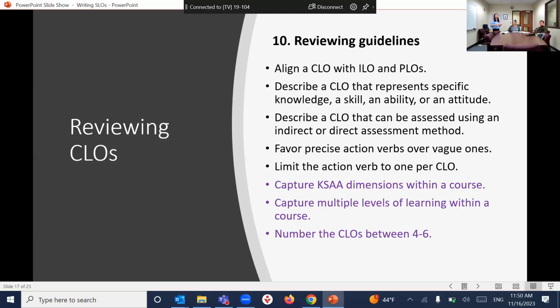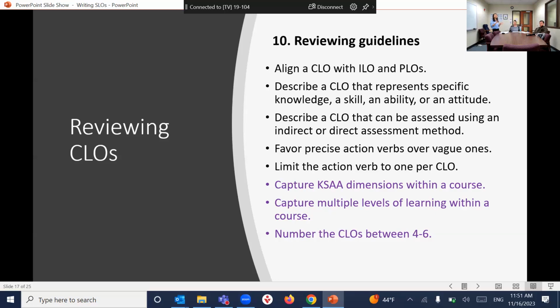But if you have a strong opinion that this course is an introductory course in my program, and I'm only expecting students to learn the basic framework, theories, and concepts, then it is fine to state only level 1 or level 2 course learning outcomes, in terms of remembering and understanding, right?